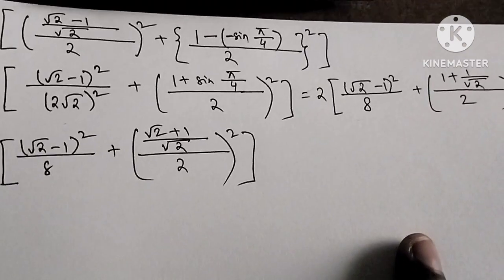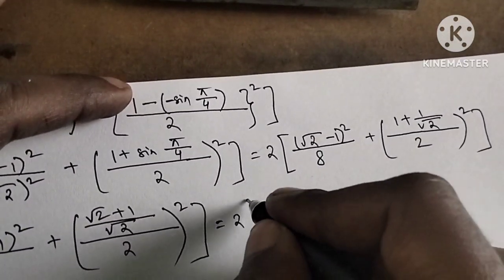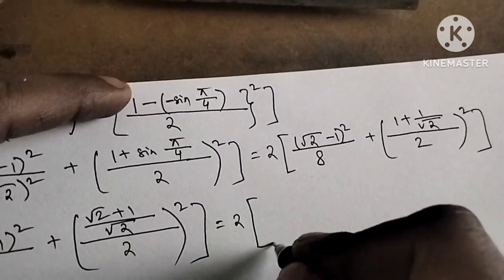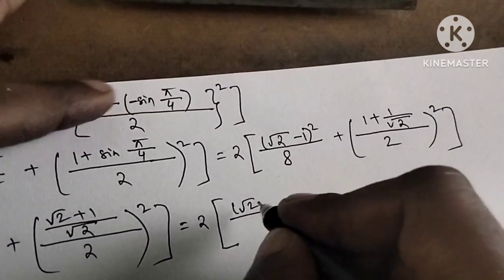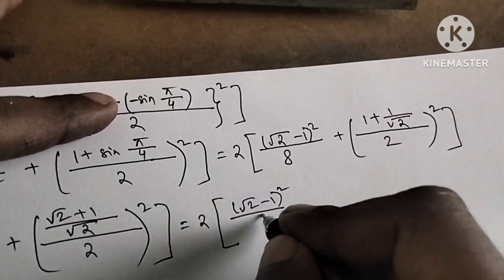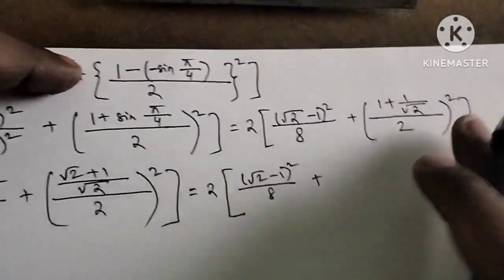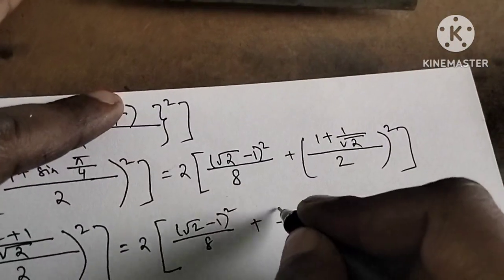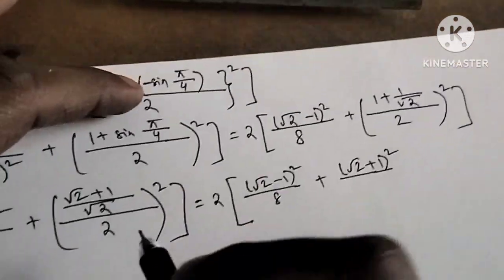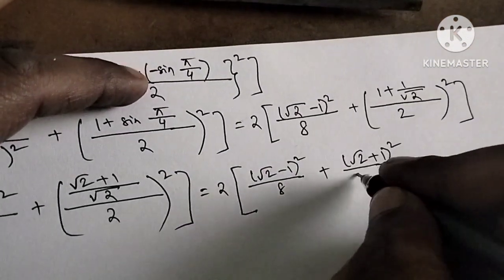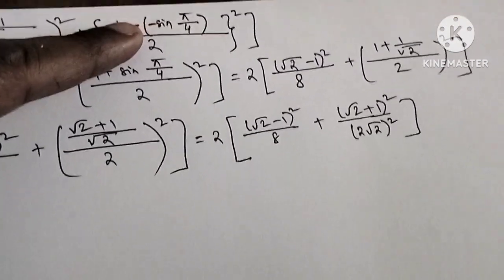Okay, so now it will be 2 root 2 minus 1 whole square by 8 plus root 2 plus 1 whole square by 2 root 2 whole square, right?